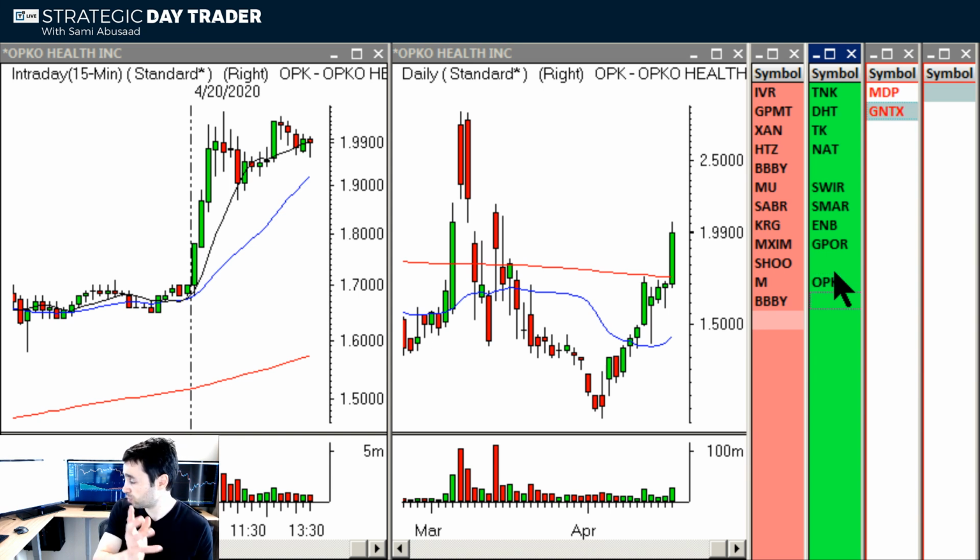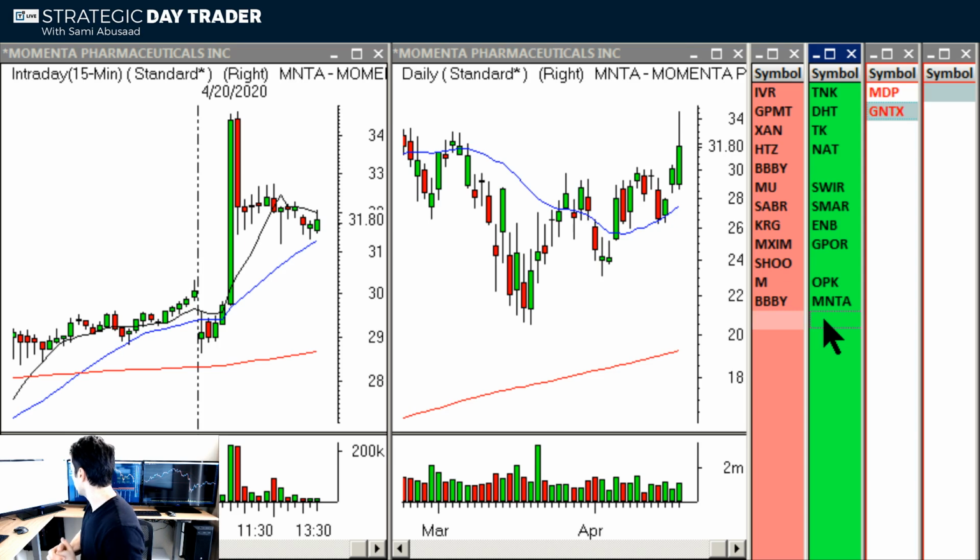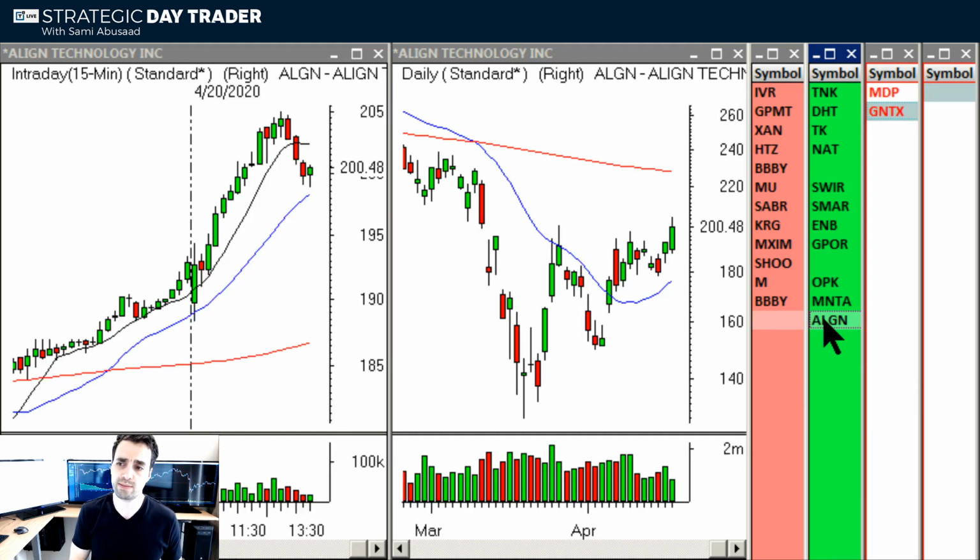OPK is in between a base and a pullback. MNTA must have had some news, so it needs to go sideways for a little while longer. ALGN is a buy setup right here if anybody wants to try it, but it's a spready stock. ALGN is about to trigger a buy setup long.